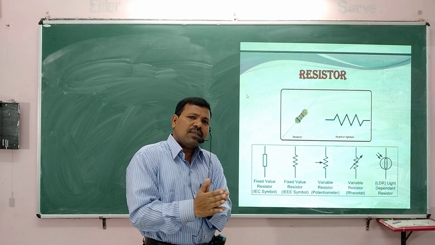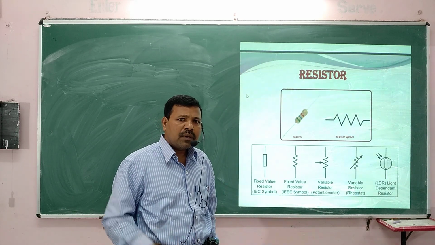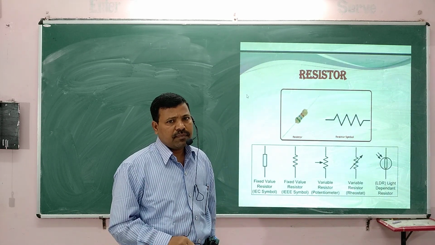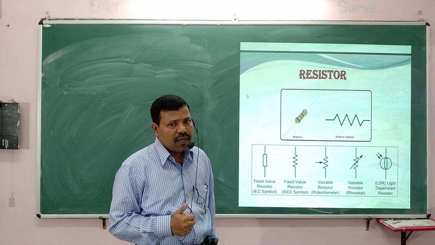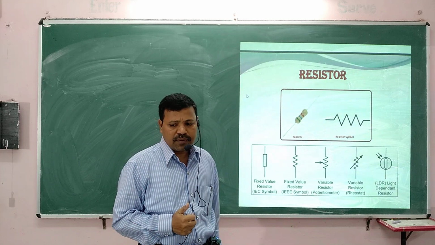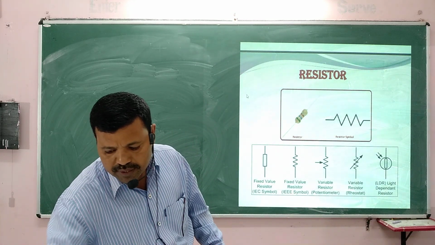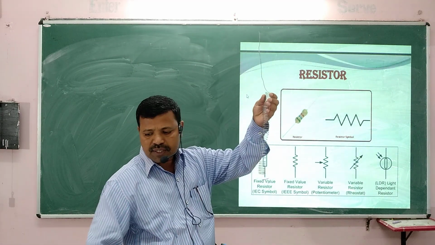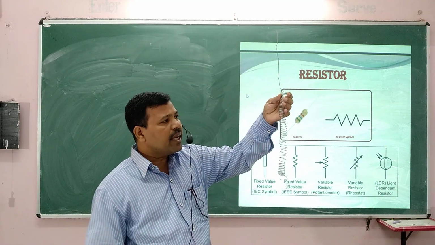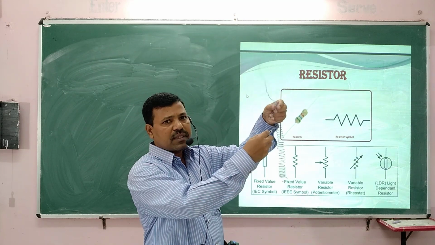Fine. These resistors are made of two types. One is wire bound resistors, another one is carbon resistors. Here, look at the wire bound resistors. These are known as wire bound resistors.